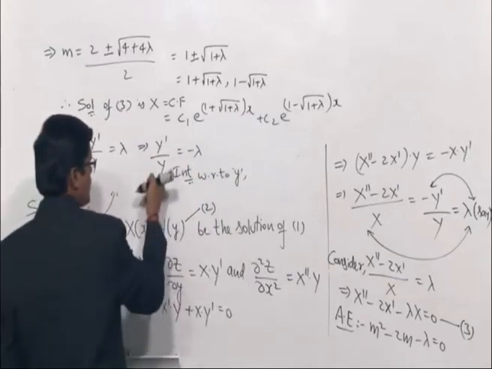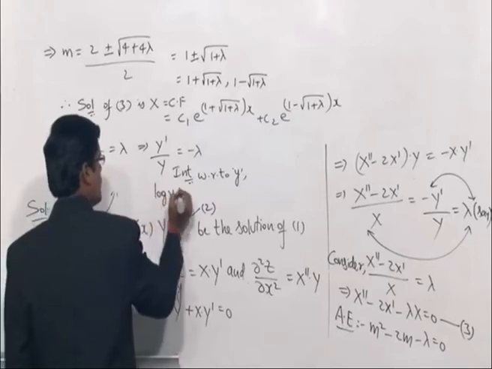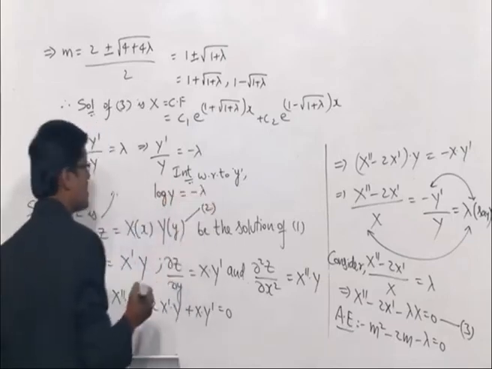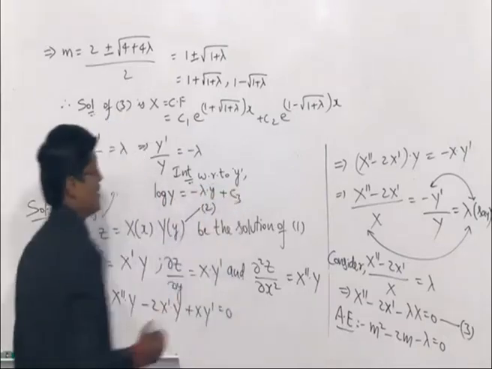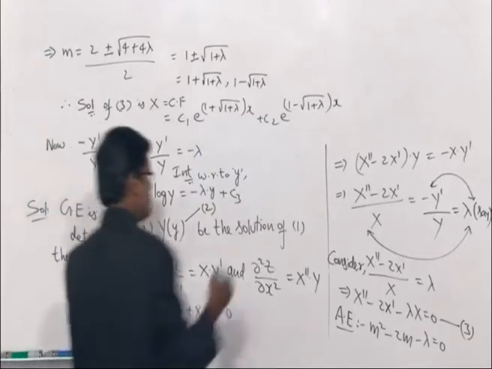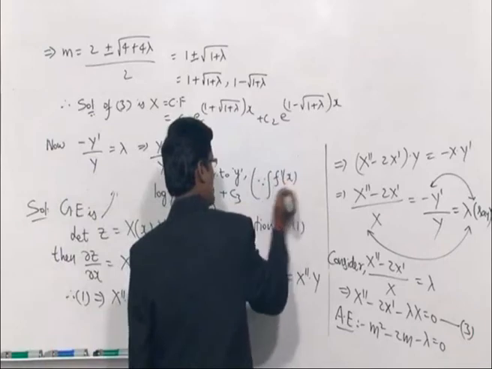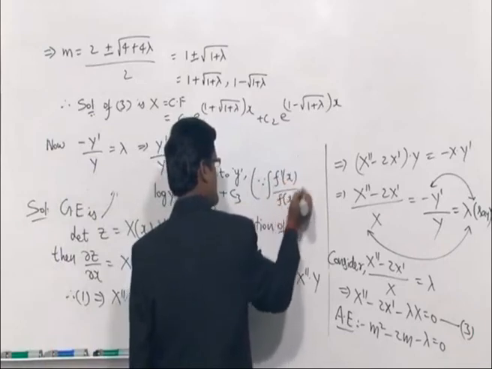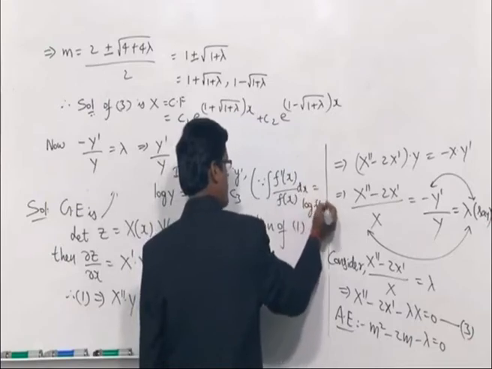So it is in the form of f dash x by f x, whose integration is log f x. Log y is equal to minus lambda, constant integration with respect to y is constant into y, plus some constant. After integration we should add a constant, since the integral of f dash x divided by f of x dx is equal to, what is the formula? Logarithm of f of x.